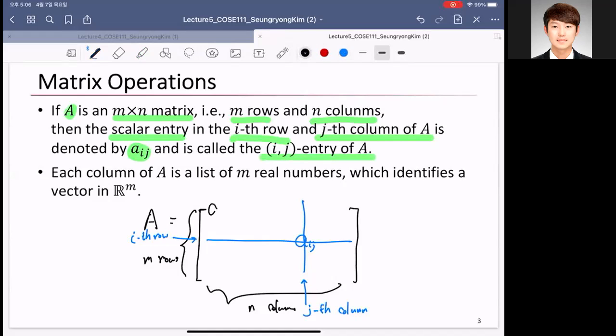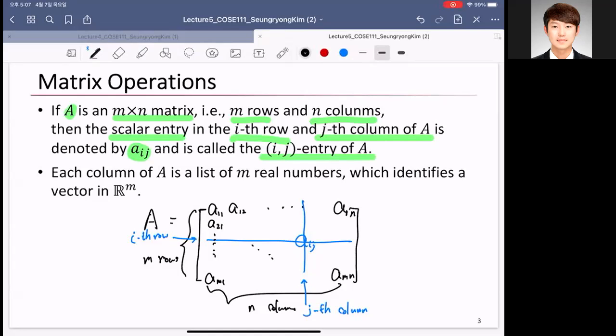For example, a11 is here, a12 is here, and so on, down to am1, and across to a1n. The last value should be amn.